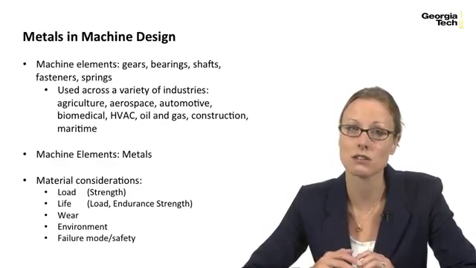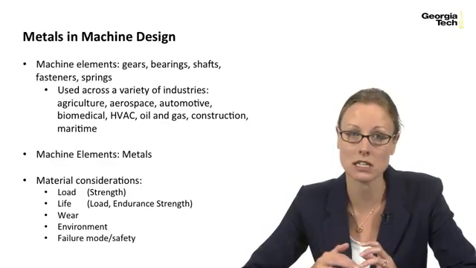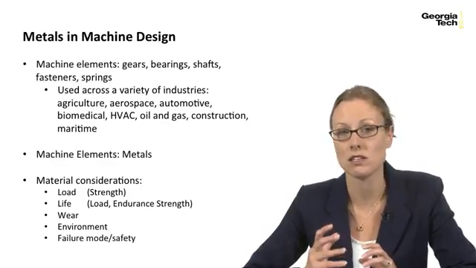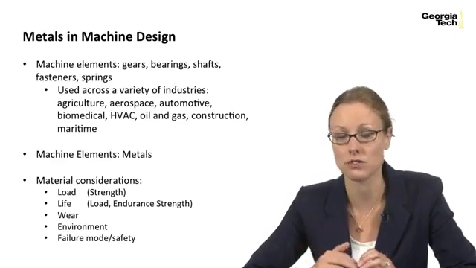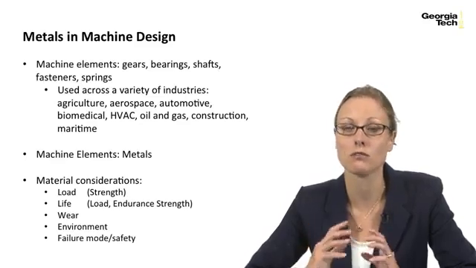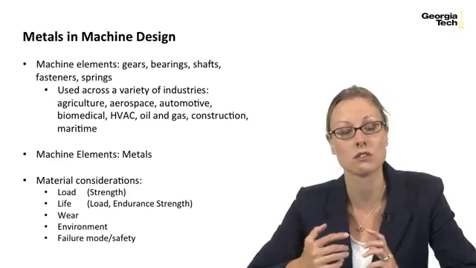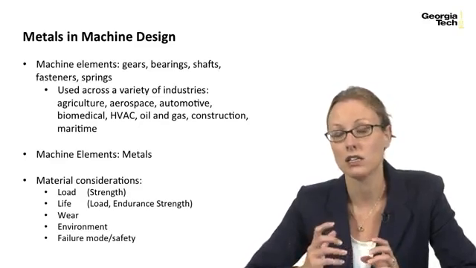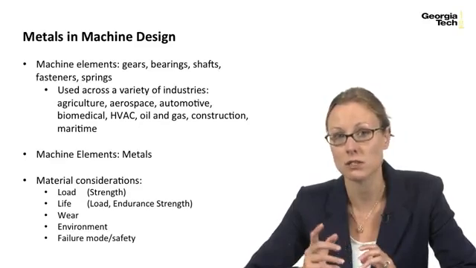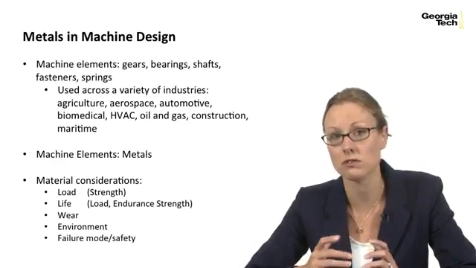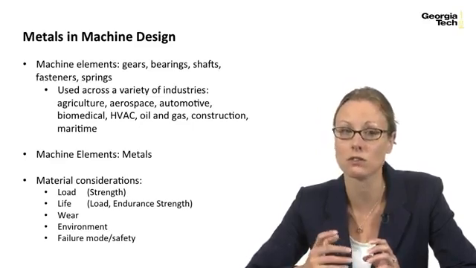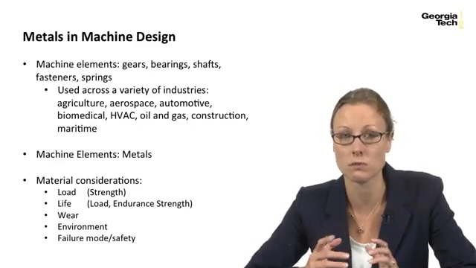That's because designers have looked at the material considerations. In most of these industries, the design applications require high loads, they need high strength materials, they require long lives, and there's a lot of wear. Some of the operating environments, especially in the aerospace, the maritime, and the agricultural industries, can be quite difficult, from the corrosive seawater environment to the difficult launch environment for space.